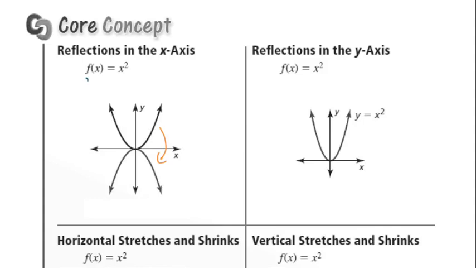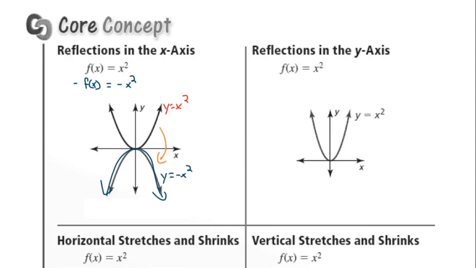So if f of x is negative, you have a negative x squared. If this is your original, y equals x squared, this is your new one, y equals negative x squared. That's that one right there.